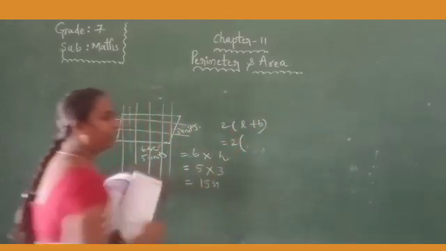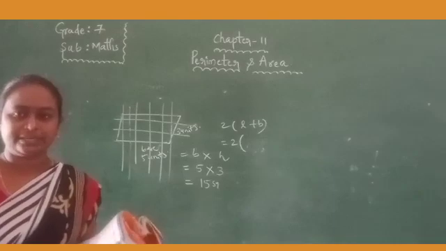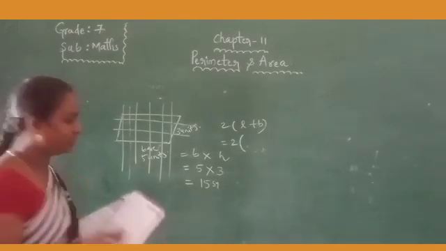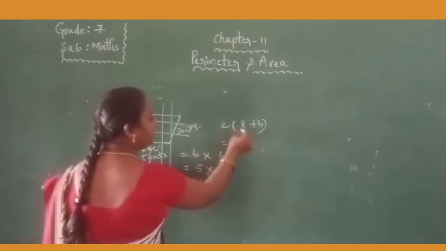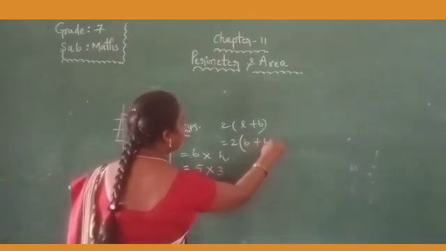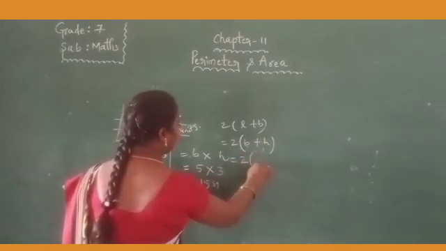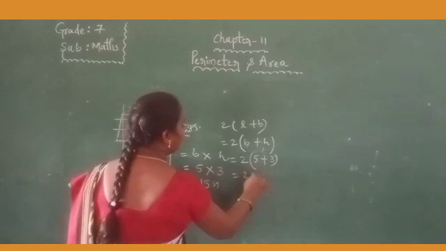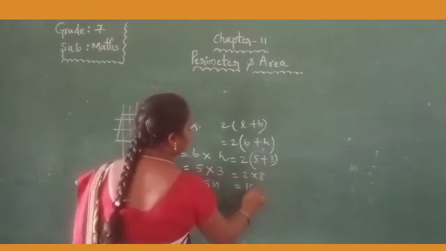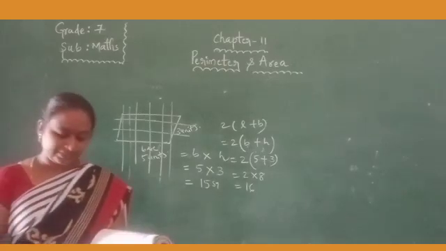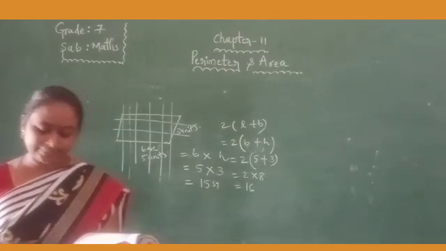For the perimeter of the parallelogram, we also use 2 into (L plus B). Length is equal to the base and breadth is equal to the height. Then 2 into (5 plus 3), that is 2 into 8, equal to 16 units. That is the perimeter.